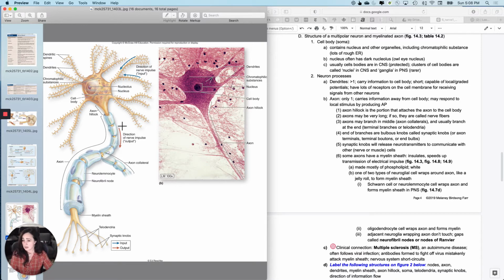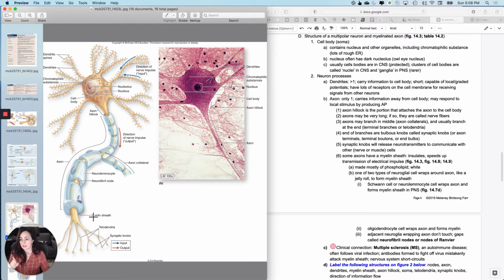And then some, but not all, axons have this coating around the outside, which is called the myelin sheath. I'll tell you how that's built in just a minute. The job of the myelin sheath is to insulate the axon and make sure the action potential, the electrical signal, goes really, really quickly. If you take the myelin off, this thing will not be able to send the signal either at all or quickly enough to do any good.